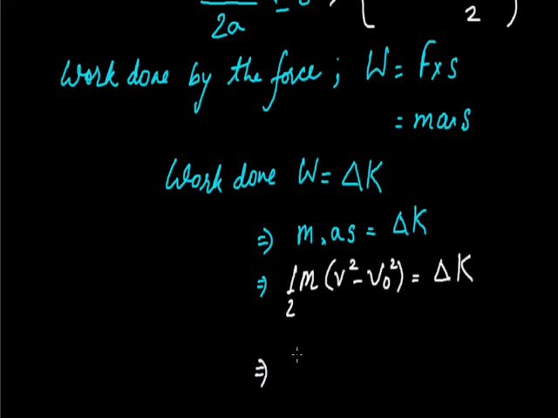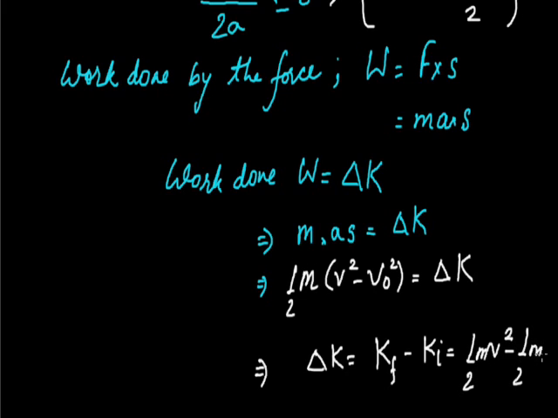That implies that the change in kinetic energy, which should be K final minus K initial, is equivalent to half m final velocity square minus half m initial velocity square.